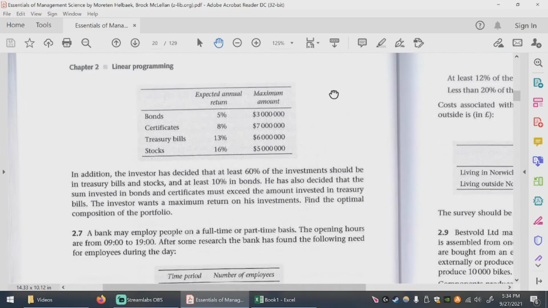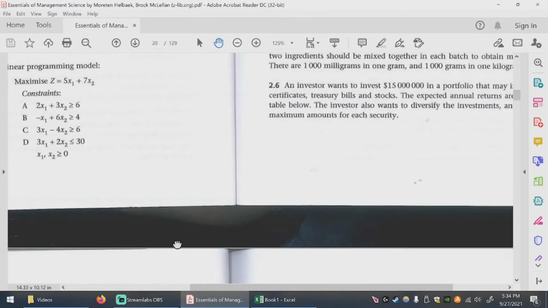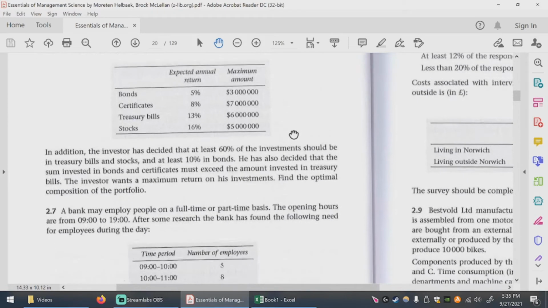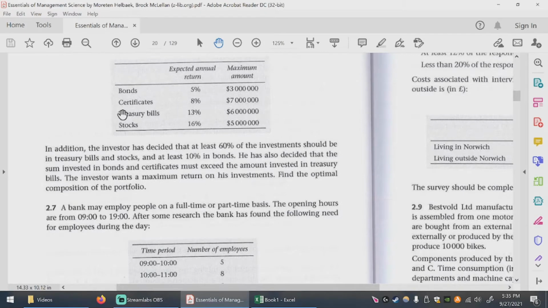Okay, so the table here summarizes that he's going to make, or she, I don't know who, they are going to make a 5% return on the amount invested in bonds, and they can only invest up to 3 million. And so each one has a return percentage and a maximum amount that they want to invest in that specific instrument.